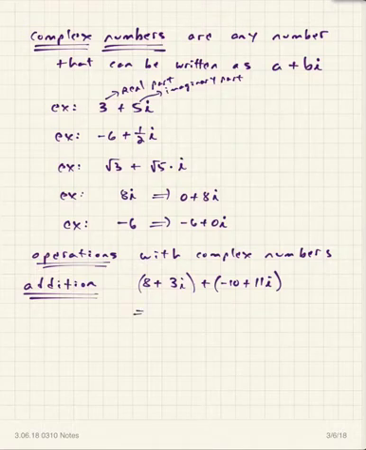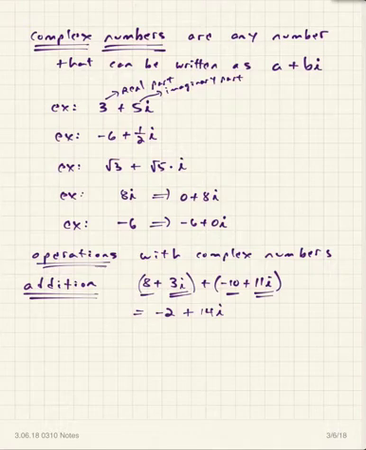All you're doing here is simply adding the real parts, the 8 and the negative 10, which would be negative 2, and adding the imaginary parts. 3i and 11i would be 14i. Like I said, very simple to do addition, because it's just a matter of collecting like terms is all you're really doing. So adding complex numbers, I'm hoping, should not be a big deal for you at all.